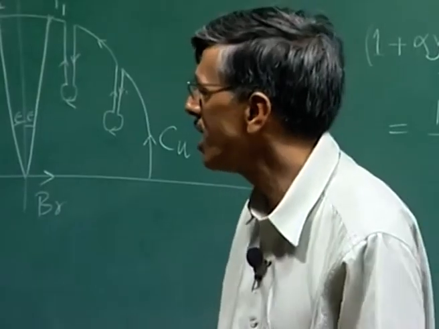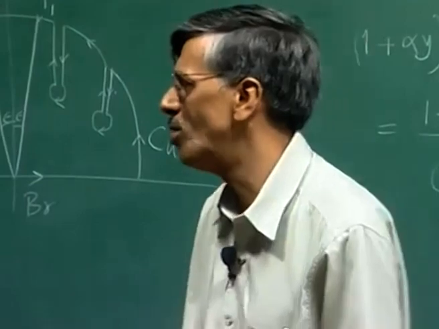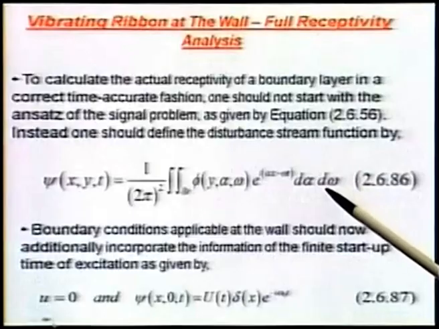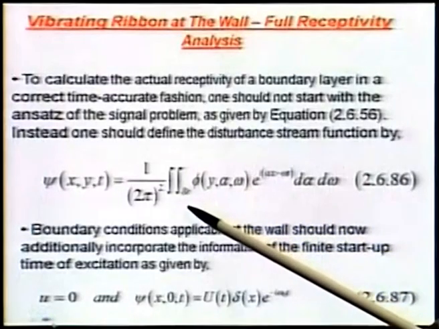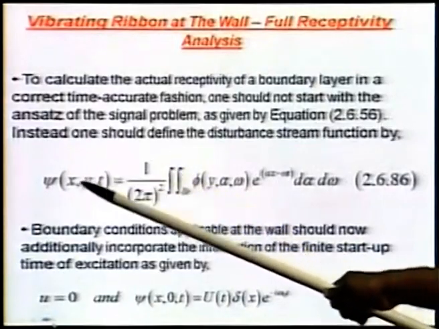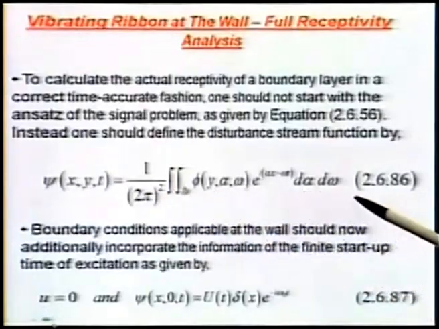So instead of doing a Bromwich contour integral in alpha plane alone, suppose we go and explore the full receptivity analysis. We don't make any assumption of signal problem. Then I will be performing integral also on omega. So I will have two Bromwich contours, one in the alpha plane, one in the omega plane. And then I would write down, let's say, the stream function given in terms of this.